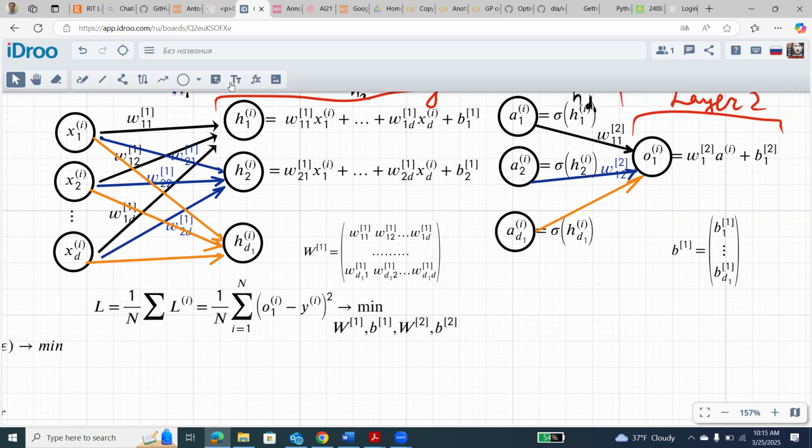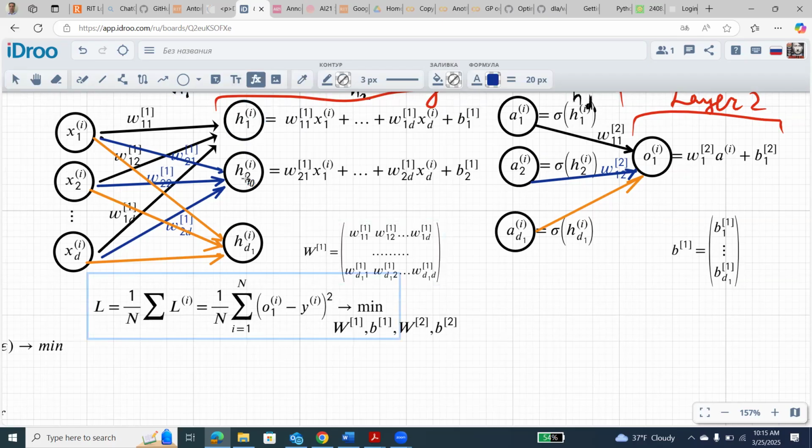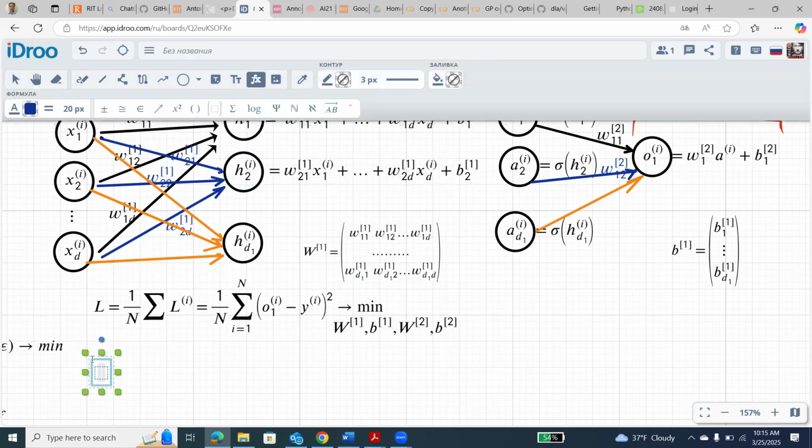So we want to calculate the derivative of Li with respect to W12 from the second layer.